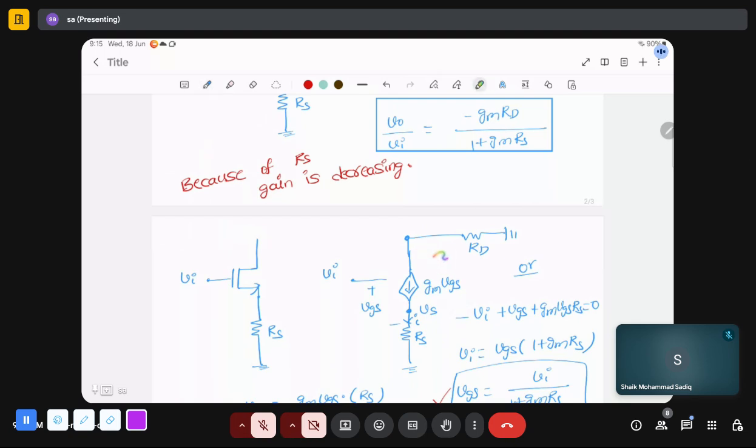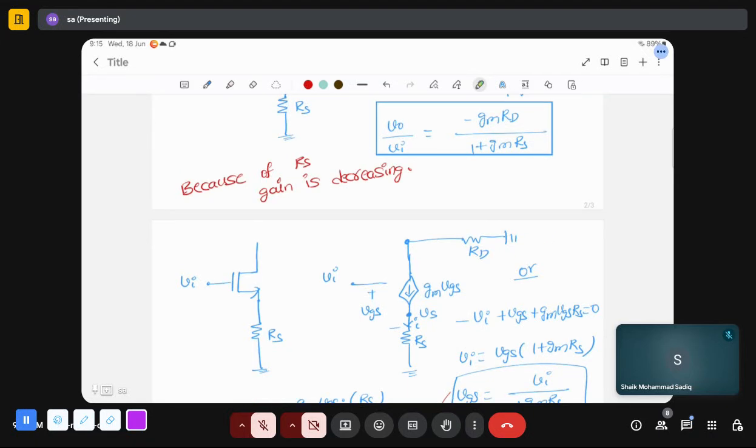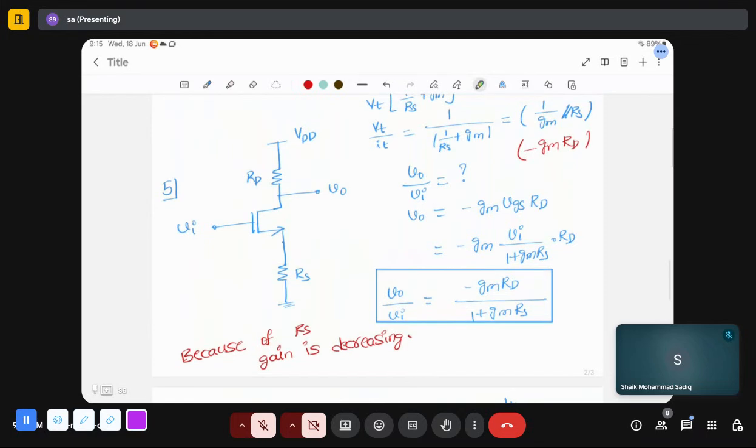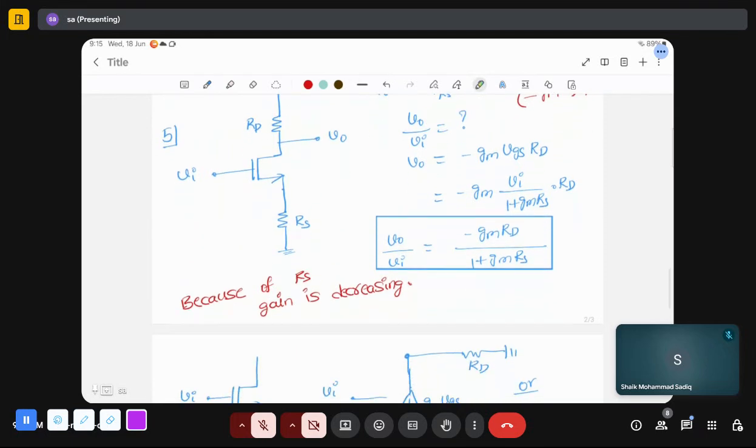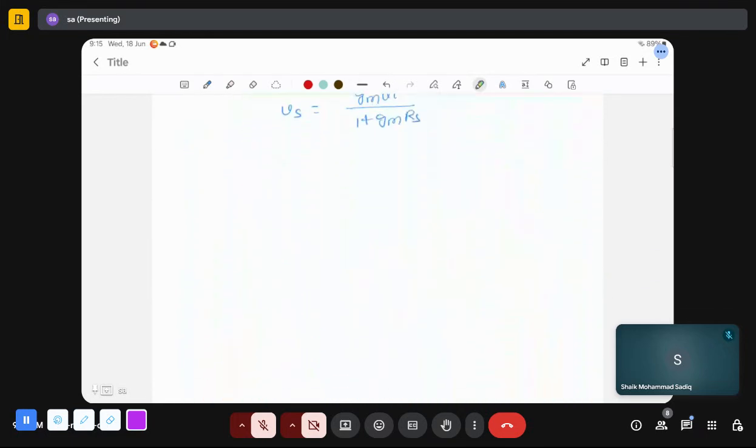This is the current flowing out of the node, GM VGS. So current flowing into the node is minus GM VGS, so it will become minus GM VGS RD. So based on this, I will ask some simple question.